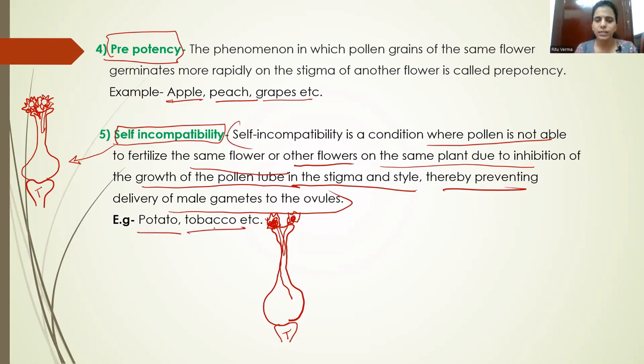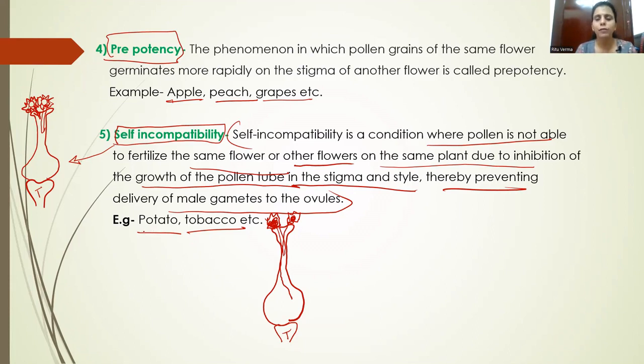So prepotency and self-incompatibility are almost the same. The only difference is that prepotency actually ensures reproduction. In case of prepotency, if no pollen grain has been received by the stigma from another flower, it will ensure reproduction by allowing the pollen grain of the same flower to germinate.